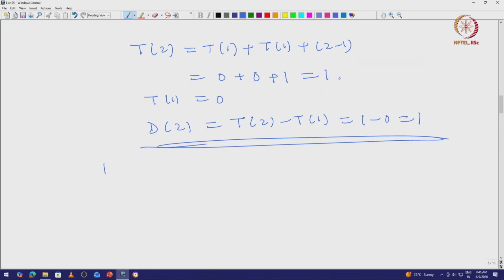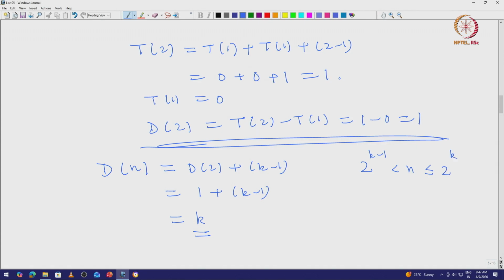What we have shown is d of n is d of 2 plus k minus 1, and d of 2 is 1 plus k minus 1. That means d of n equal to k. But how are n and k related? Recall that 2 power k minus 1 is less than n is less than or equal to 2 power k.